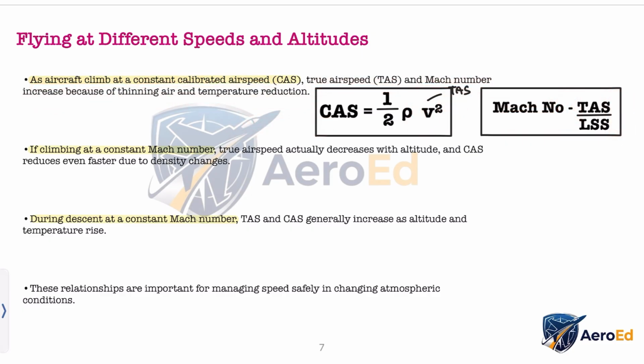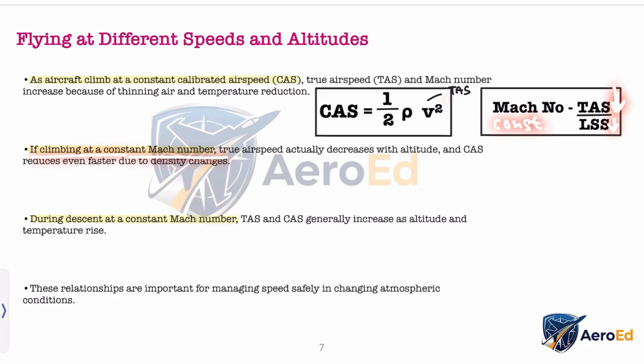Next statement states that the aircraft is climbing at constant Mach number. So let's keep the Mach number constant. So it is constant. So what happens in a climb? If we climb, we know the temperature decreases and thus the local speed of sound also decreases. And to keep the Mach number constant, the true airspeed must be decreased, right? So what happens to the calibrated airspeed? Because now we have seen that the true airspeed decreases.